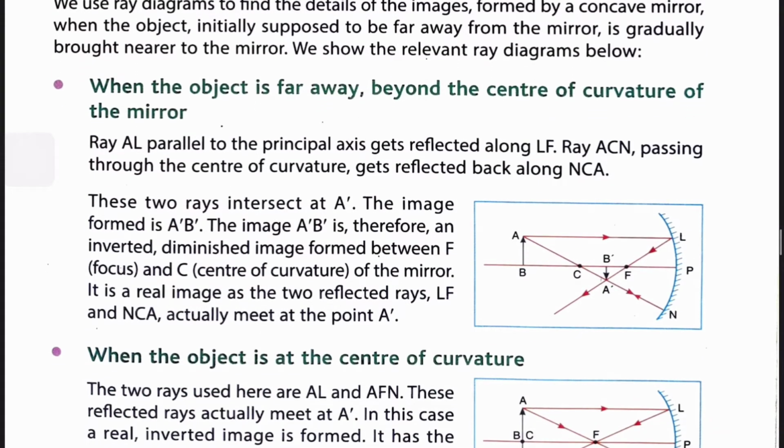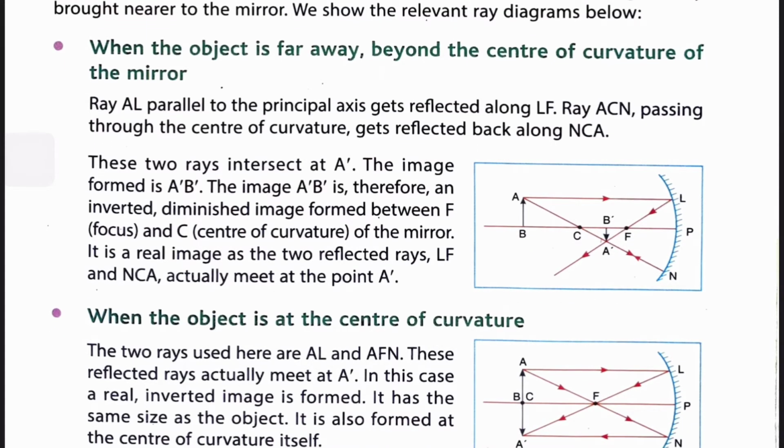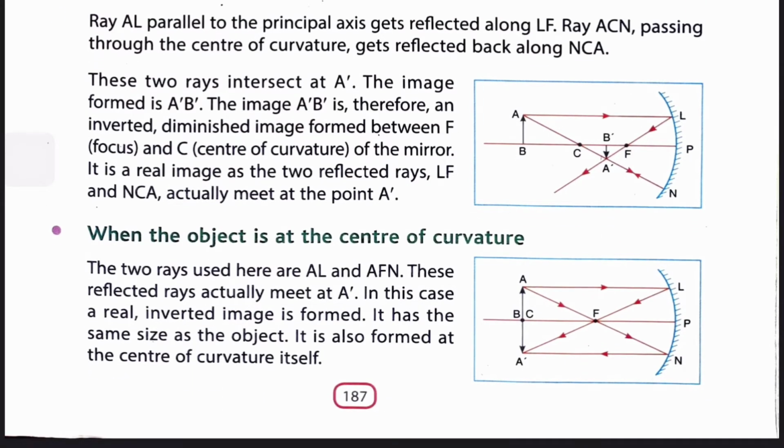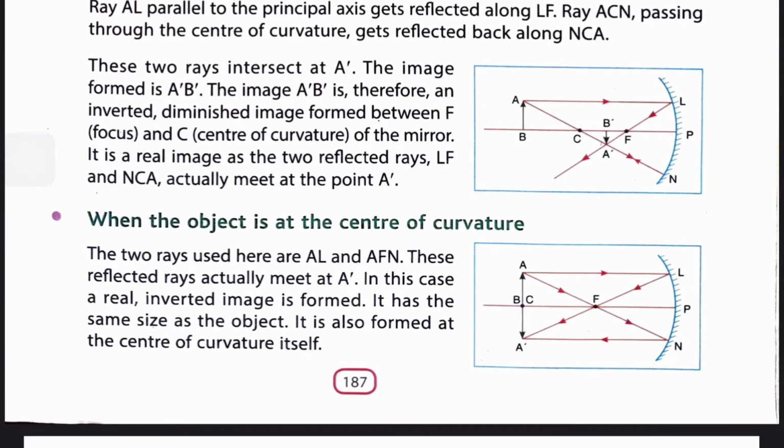First, when the object is far away beyond the center of curvature of the mirror, ray AL parallel to the principal axis gets reflected along LF. Ray ACN passing through the center of curvature gets reflected back along NCA. You can see in this picture, these two rays intersect at A'.